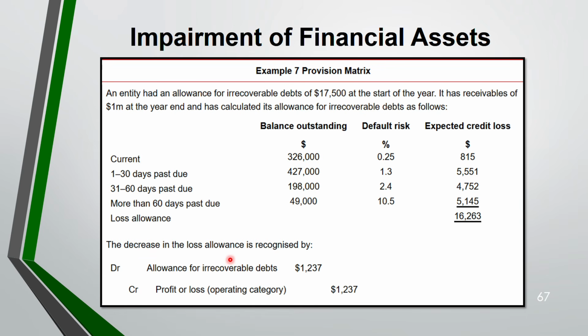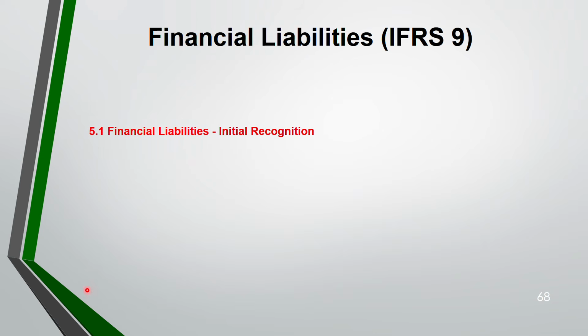How are you going to recognize the decrease in the loss allowance? Debit allowance, credit profit and loss in the operating category, 1,237. That is simply 17,500 minus 16,263. That is 1,237. Now, so that's it for financial asset and impairment of that financial asset.